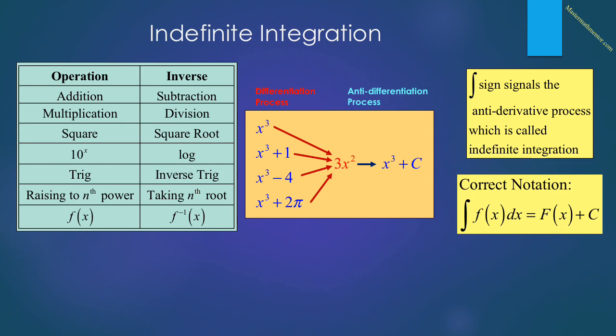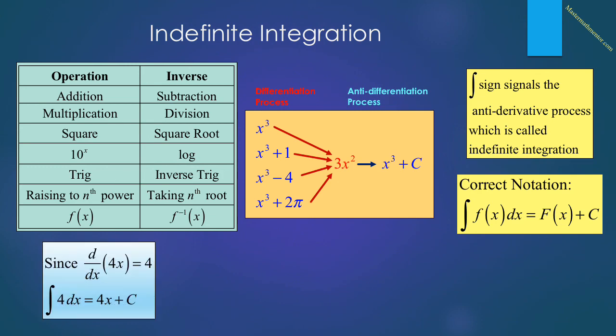So let's look at 3 examples. Since we know that the derivative with respect to x of 4x is 4, we would then say the integral of 4 dx is 4x plus c.